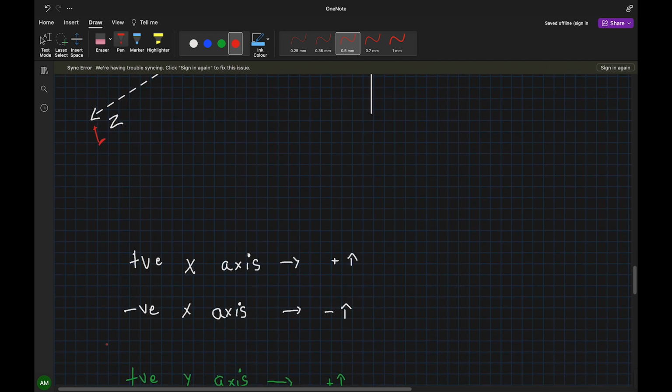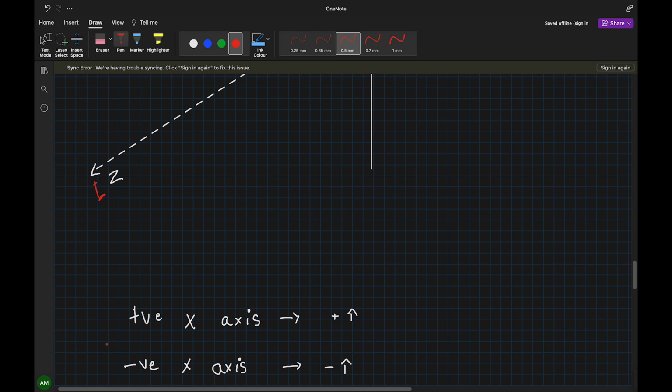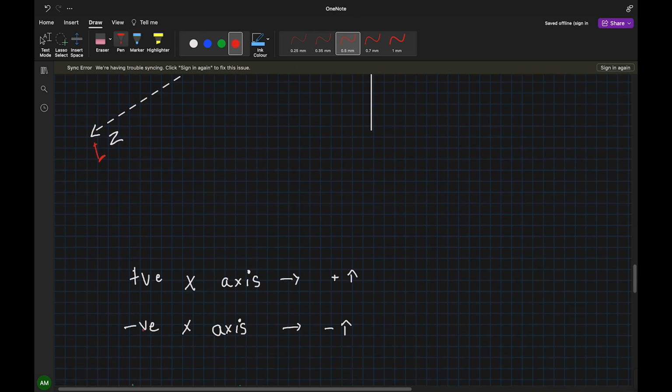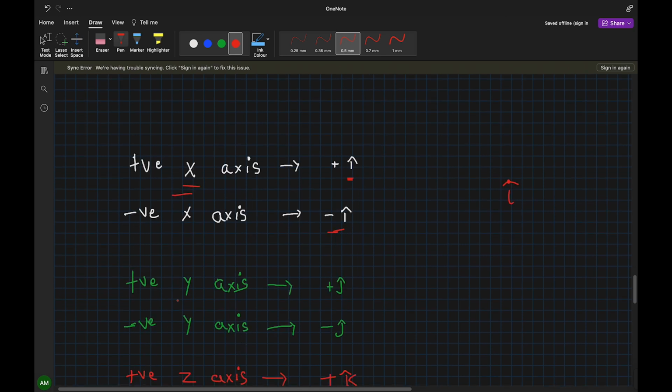Clear? Another very important thing, which we learn again in vectors when I do that chapter. But remember this, positive x-axis is represented as plus i cap. I will write it like this, but instead of this dot, write it like this. And negative x-axis, you write minus i cap. Positive y-axis, you'll write as j cap.